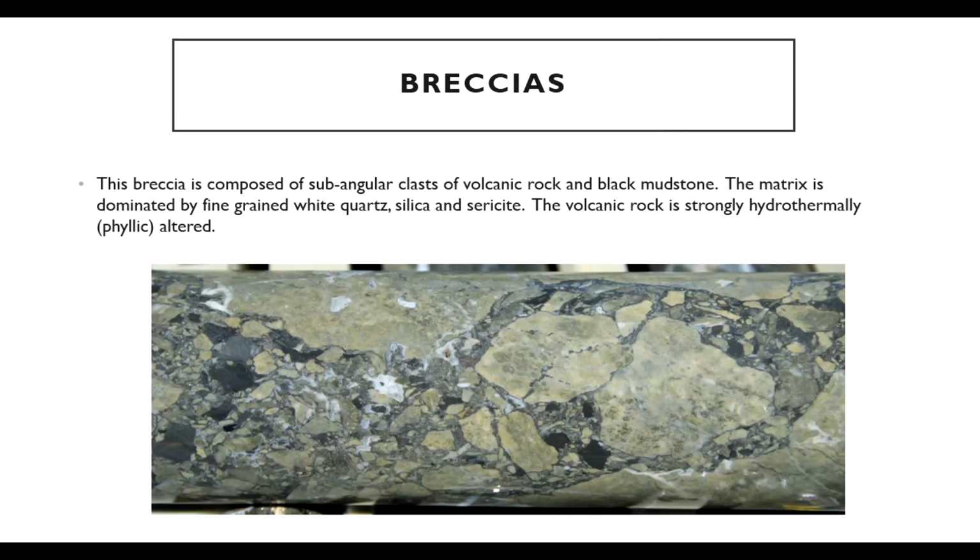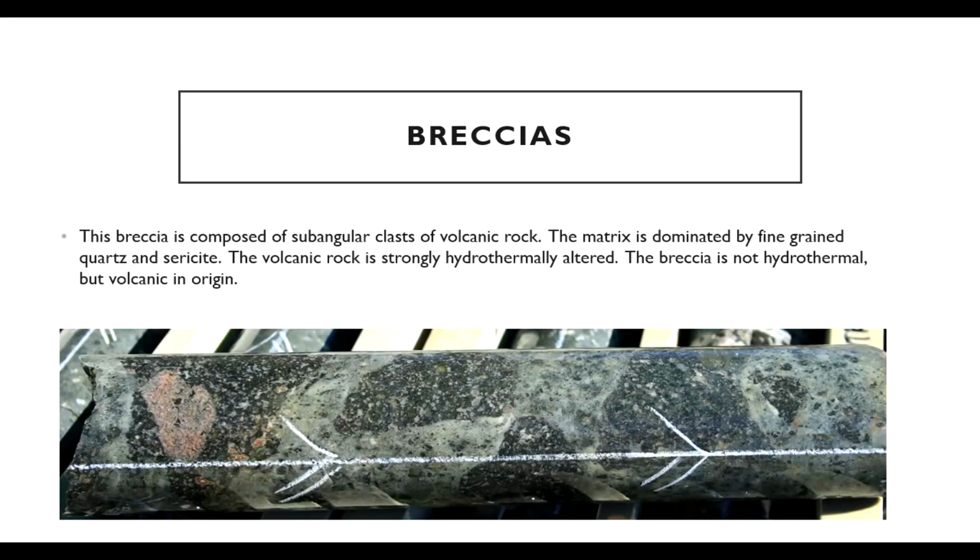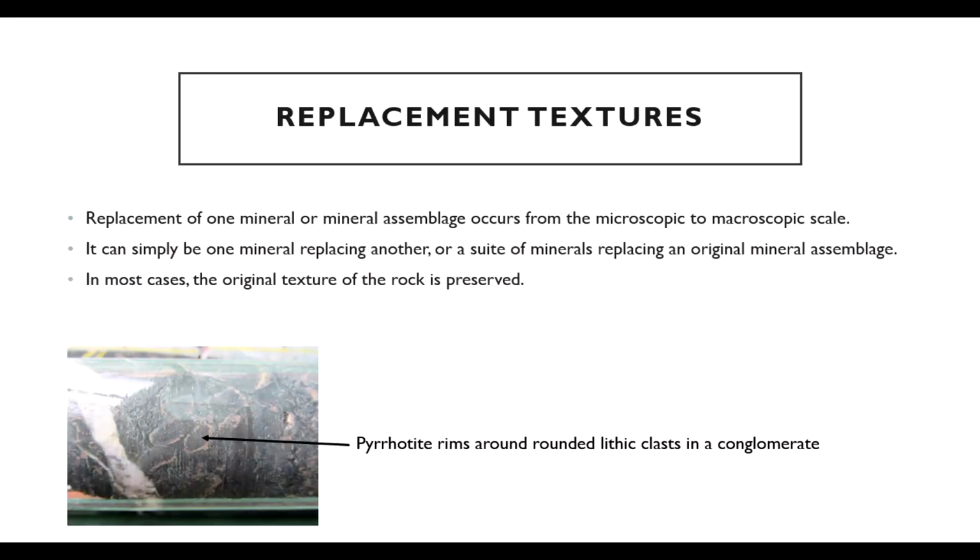This is a volcanic rock, and we can see that most of the host rock would be something like this, so it's quite altered, but we have these areas where it's completely fragmented by these hydrothermal events. Yeah, more variations on the theme.